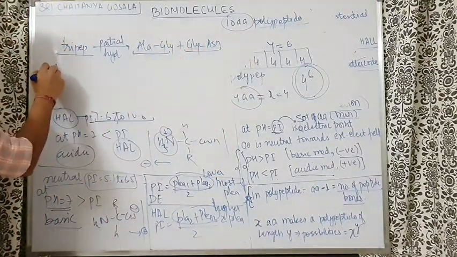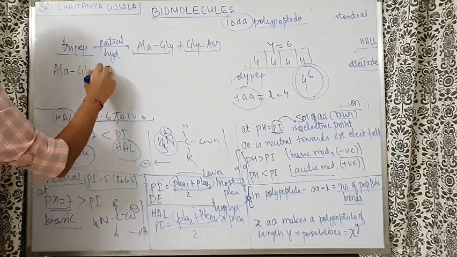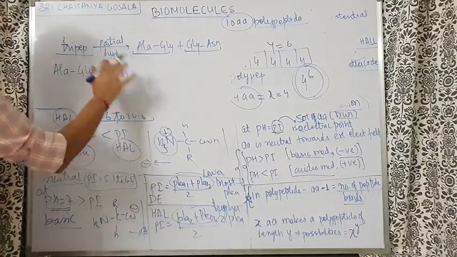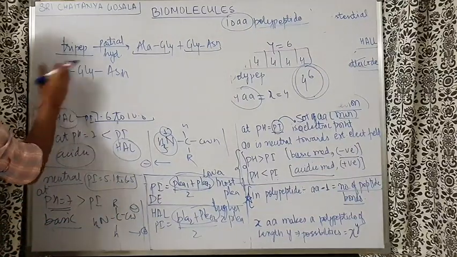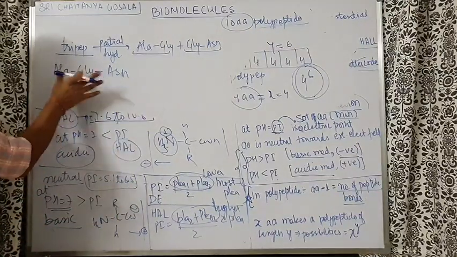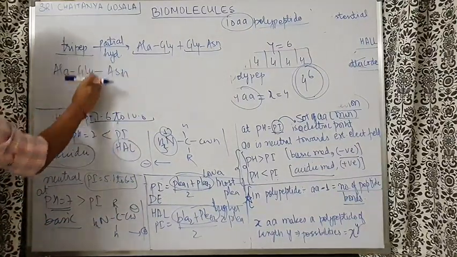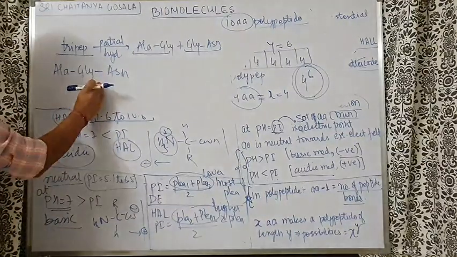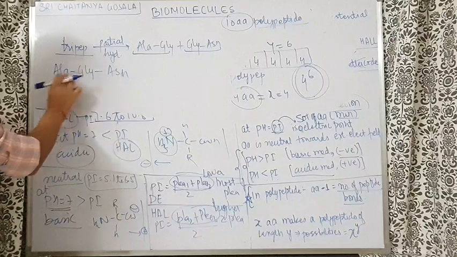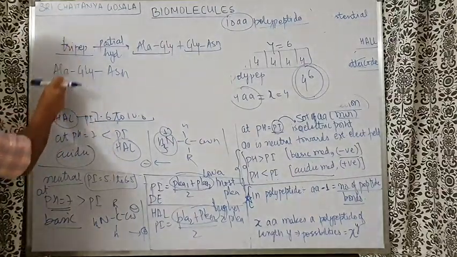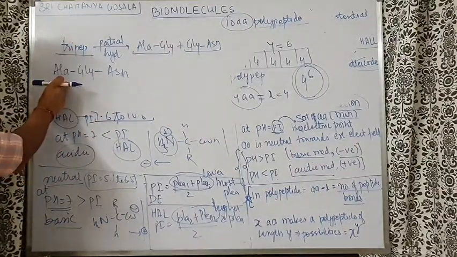That means the tripeptide was alanine, glycine, asparagine. What does it mean? In some tripeptide, alanine and glycine remain together and the hydrolysis happened here. In some other, glycine and asparagine remain together, and alanine got separated by breaking this bond by hydrolysis.